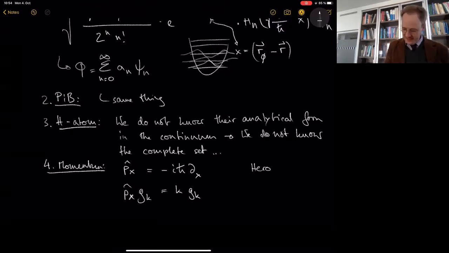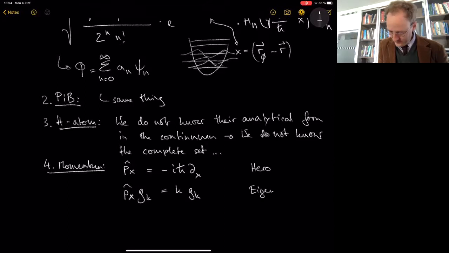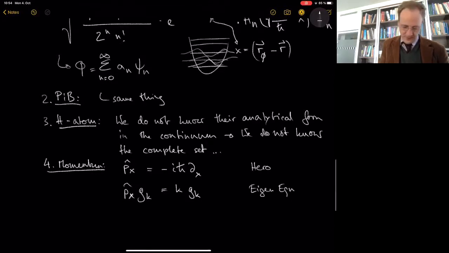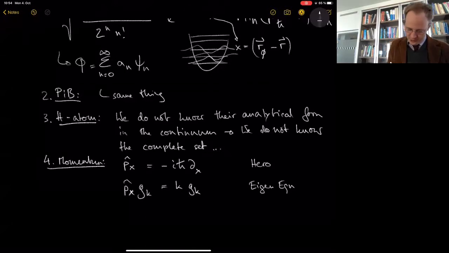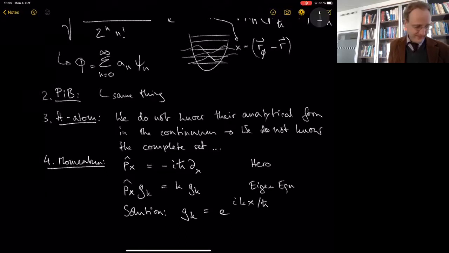So that's the eigenvalue equation. And the generic solution for any level k is that you do this ansatz where you use an exponential, e to the i k x over h bar.